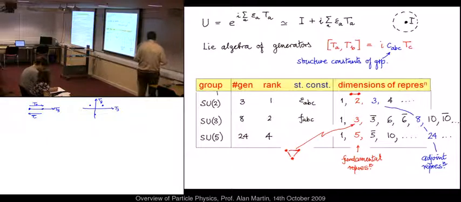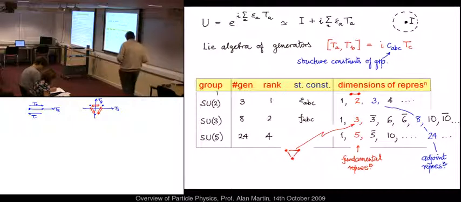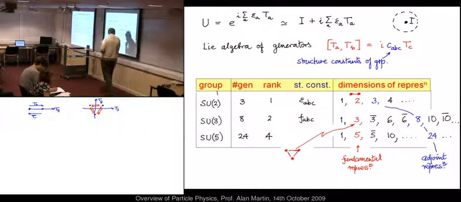The other 6 generators are just the step-up and step-down operators connecting these points here. So really, you've got 3 SU2s. You've got an SU2 there, an SU2 there, an SU2 there. Those are the 8 generators of SU3. 2 are diagonalized, 6 are step-up and step-down operators.